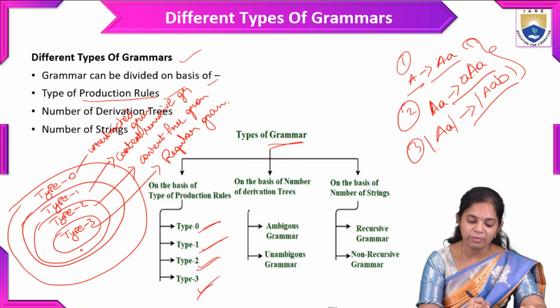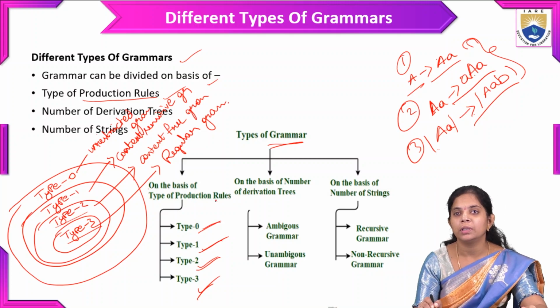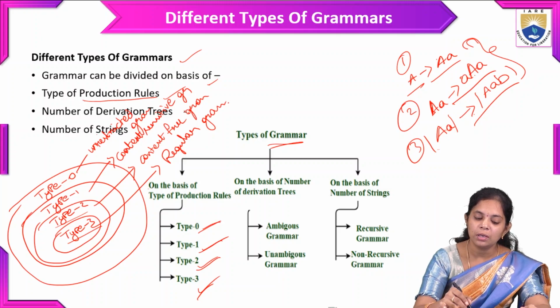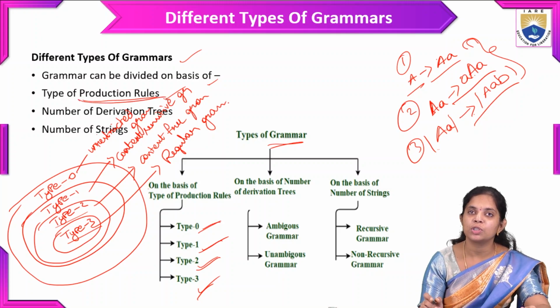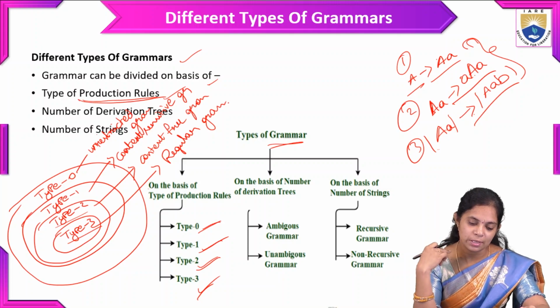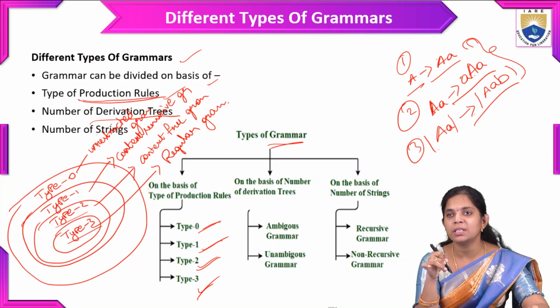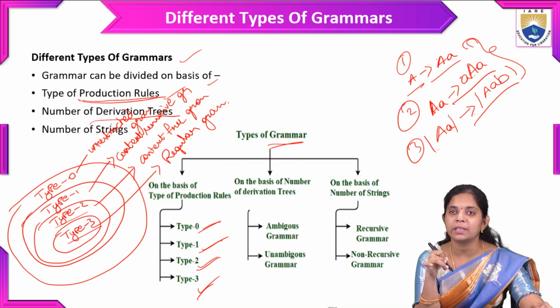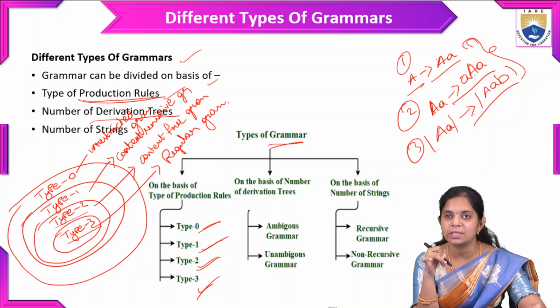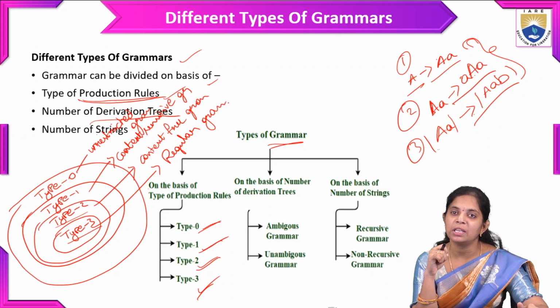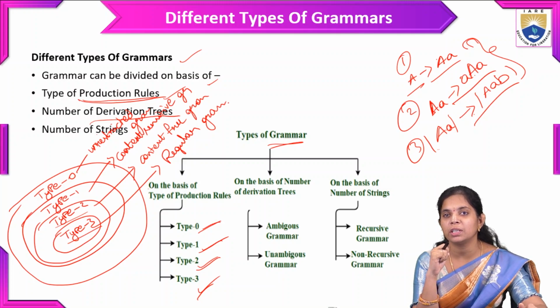I just briefly discussed them, and type 0, type 1 and type 2 grammars we will discuss in the coming slides. This is about the types of production rules, and the second one is the number of derivation trees. Derivation trees we already discussed in the second unit for regular grammar: left linear derivation, right linear derivation, leftmost derivation tree, rightmost derivation tree.